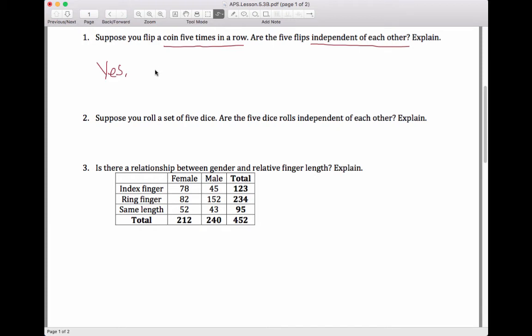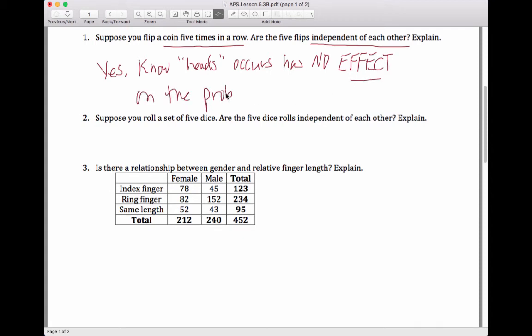And that's because knowing heads occurs in any flip has no effect on the probability of future flips being heads. So we always want to talk about the probability either changing or not changing.